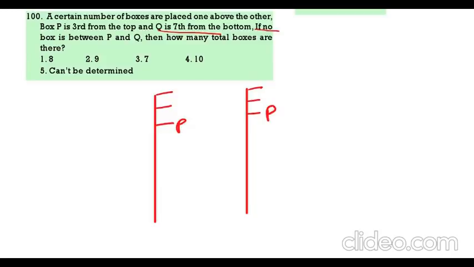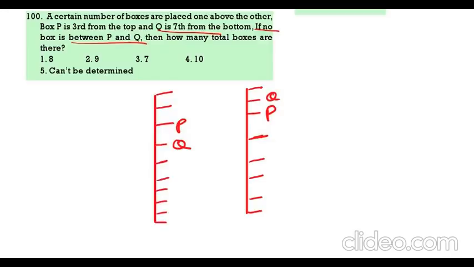There is no person between P and Q. So we can take two cases. Here I can write Q, here I can write Q. And Q is seventh from the bottom. So 1, 2, 3, 4, 5, 6, seventh is Q.